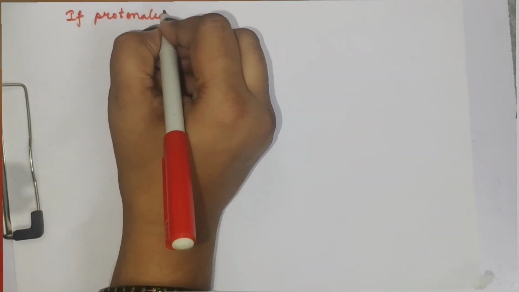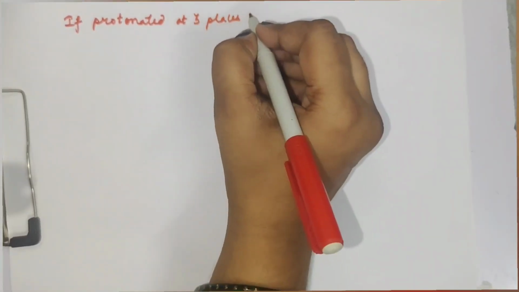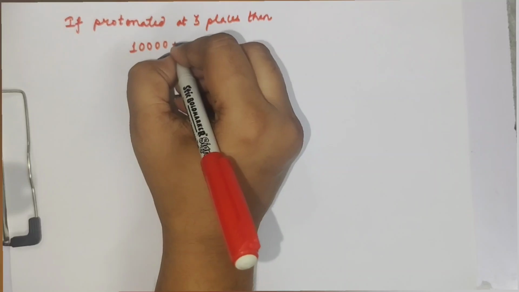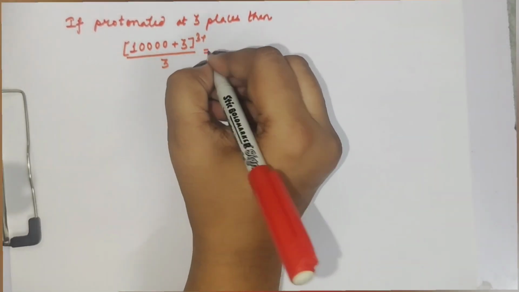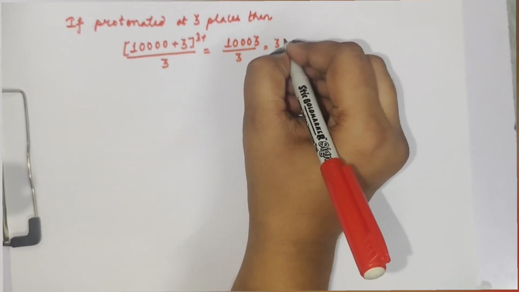Also, if the protein is protonated at 3 places, then the value will be 10,000 plus 3 upon 3, means 10,003 divided by 3, which comes to 3,334.